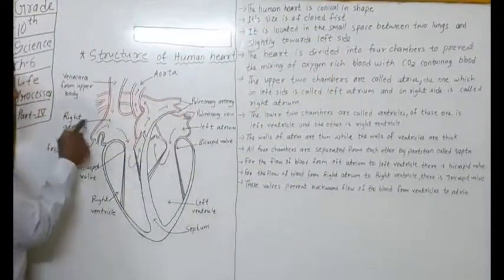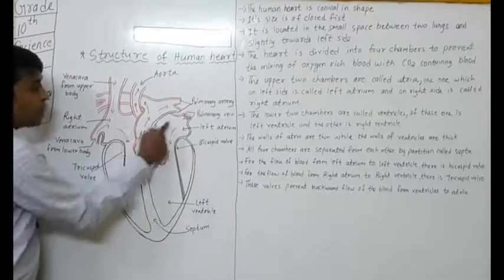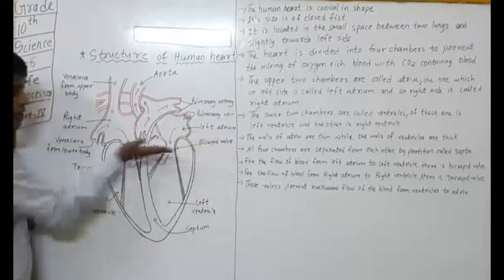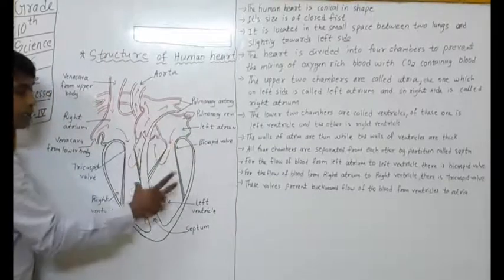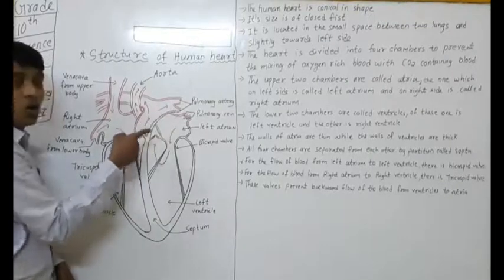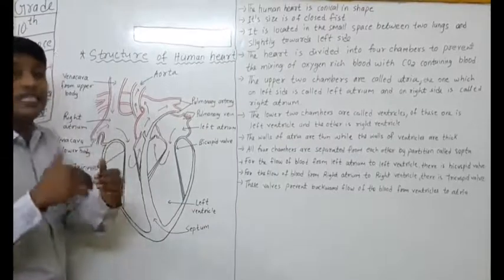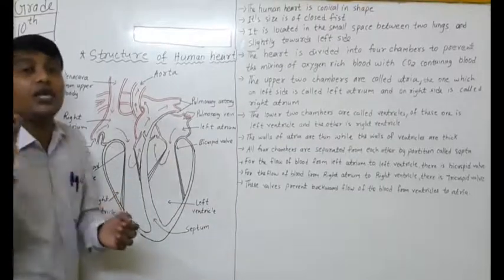This is the right atrium, this is the left atrium. This is our heart, divided into 4 parts: the upper 2 parts and the lower 2 parts. These upper 2 parts are commonly known as atria, and in singular form they are known as atrium.